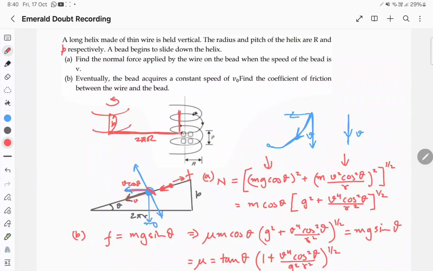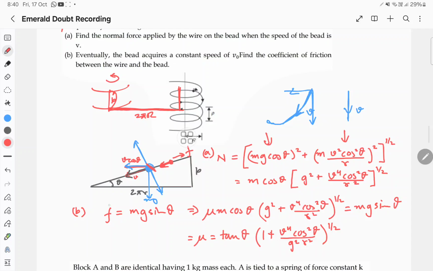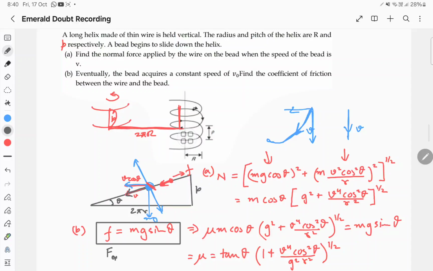The friction would obviously be mu times n. So the friction needs to be equal to mg sine theta if velocity is constant, for net external force along the incline to be 0. By the way, obviously there is a centripetal force and it's taking the round.